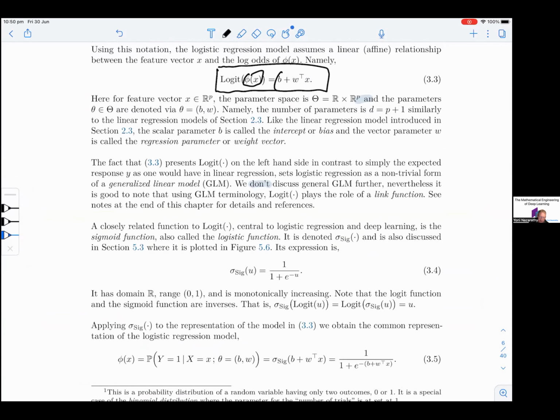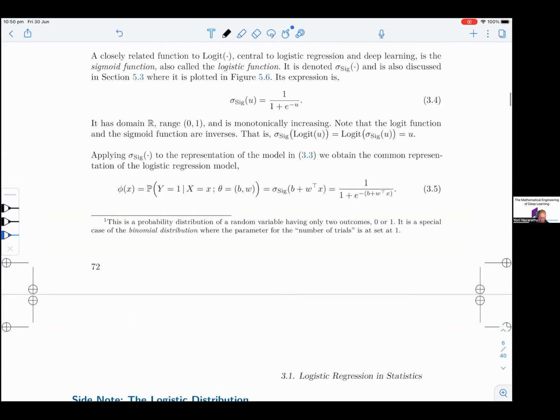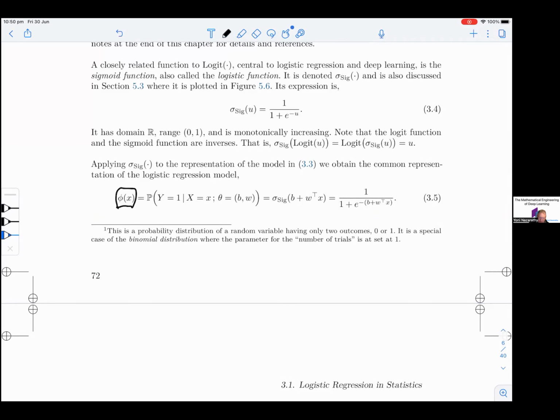Phi of x, which we remind is the probability of the response being 1 given the features x and the parameters, is sigma sigmoid of this affine relationship, which we can just write like that.